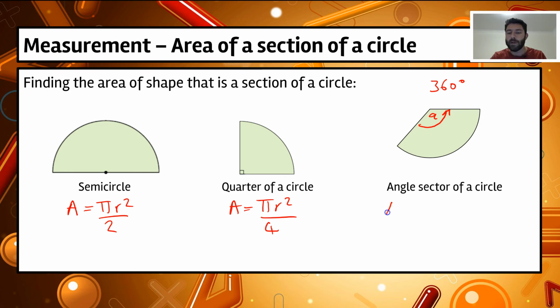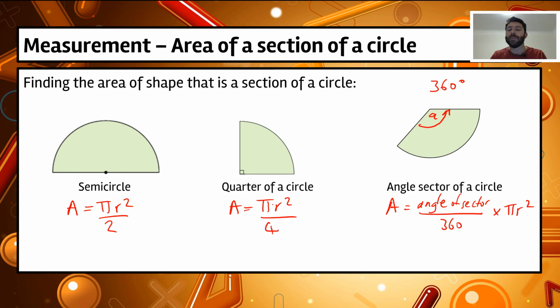So the area would equal the angle of the sector, which is A, divided by 360, multiplied by pi r squared. So basically we're saying that's a fraction of the area. Over here, these could be rewritten as 1/4 times pi r squared and 1/2 times pi r squared. So that's how we get that.